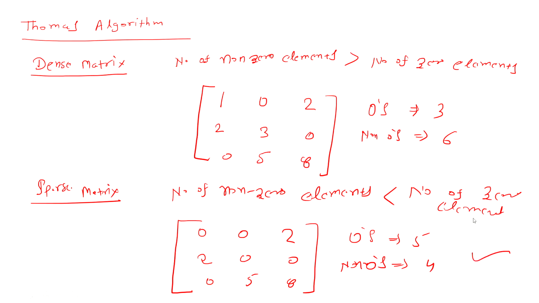Now there is one type of matrix that is called banded matrix, which is a sparse matrix.